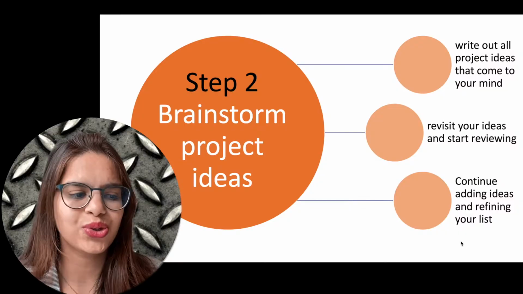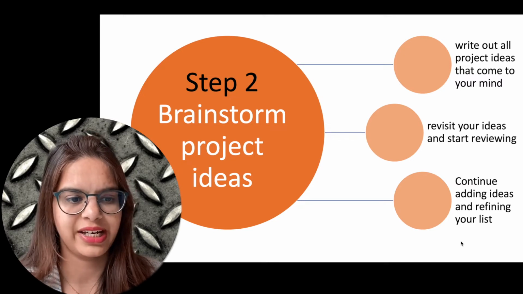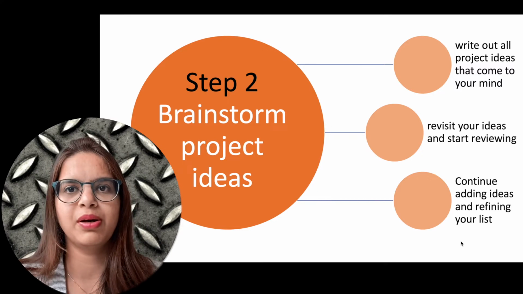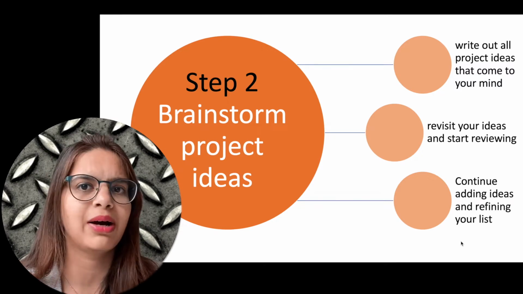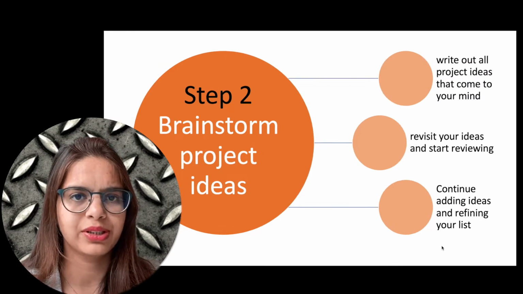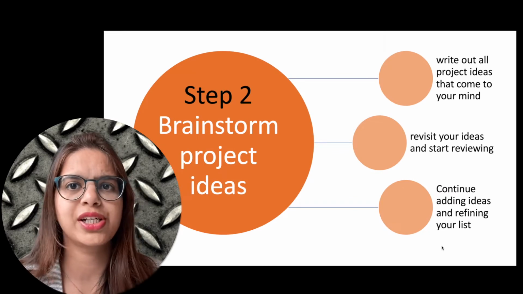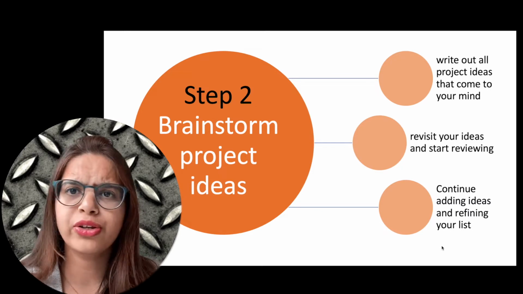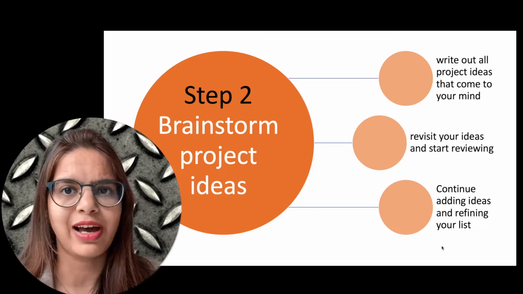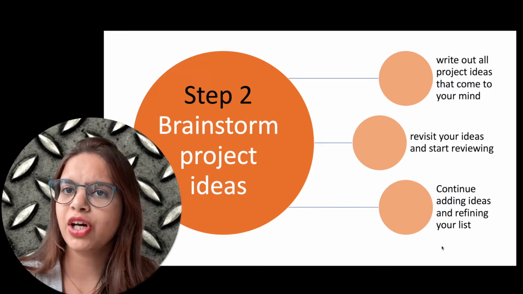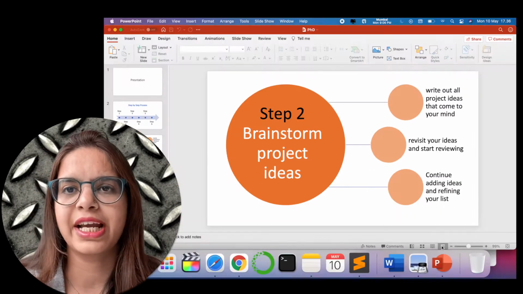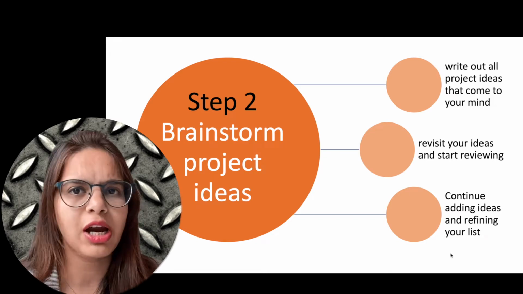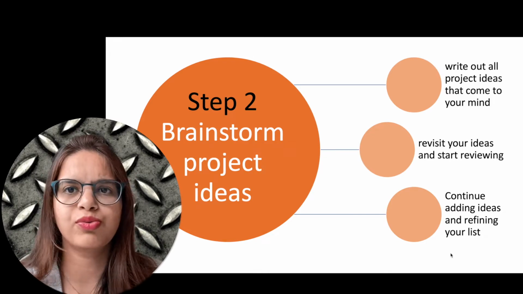The next step is to brainstorm project ideas. In this, after having a complete literature survey in step number 1 and detailing all the research papers, just try to write down all the project ideas that come to your mind. Just collect all your thoughts without critically evaluating them at this stage. Give a pause and revisit those ideas after a week, crossing out the ideas which you think you cannot pursue and highlighting those which are helpful to you.